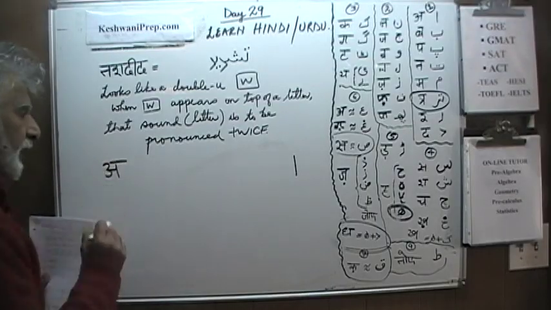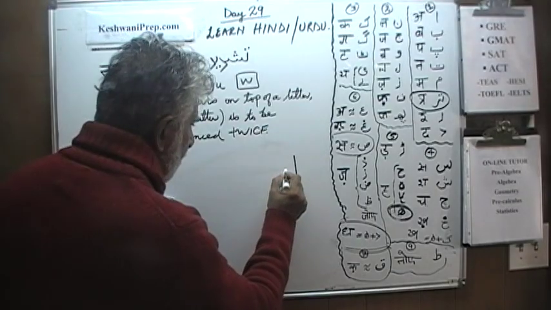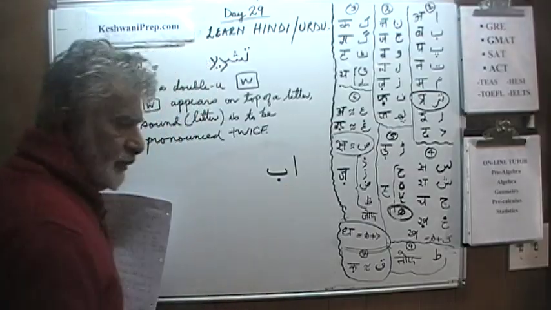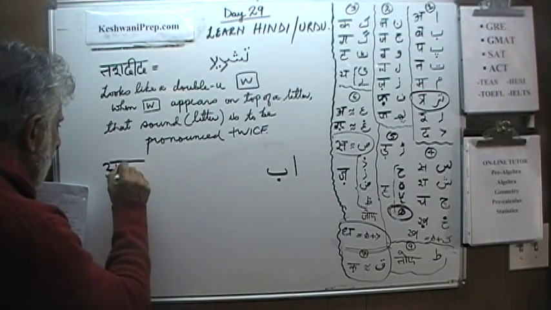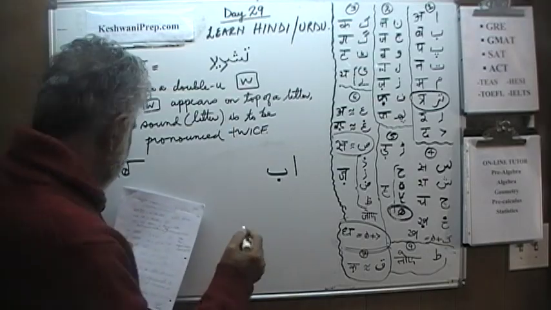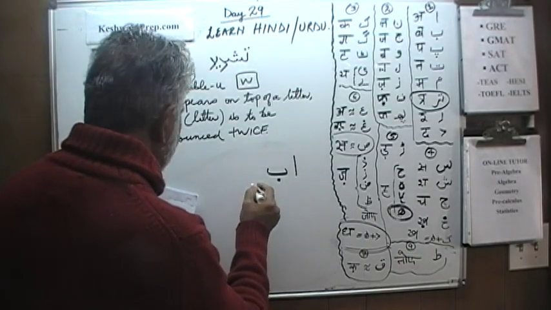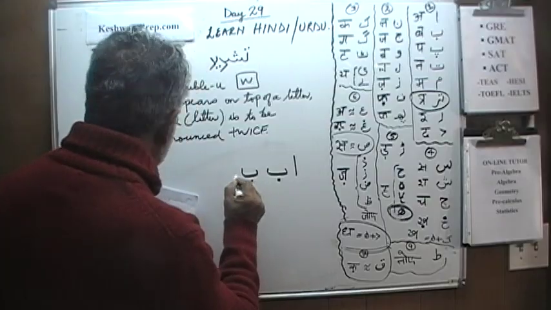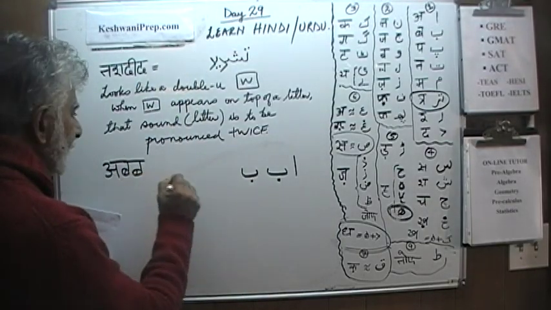The second letter of the Urdu alphabet is be. So this is our be. And then the same thing repeated, but in the other sequence. Again we have another b, and then alif.